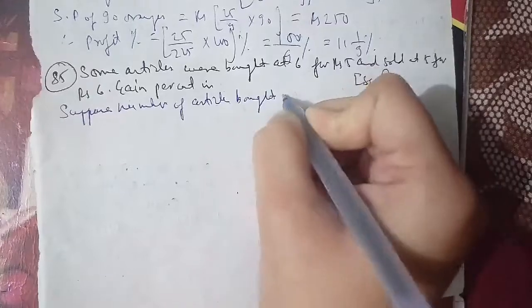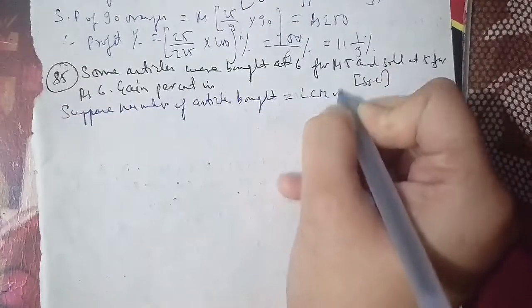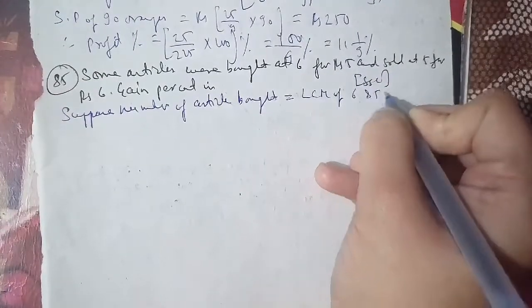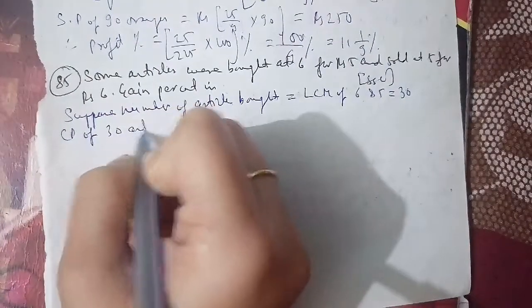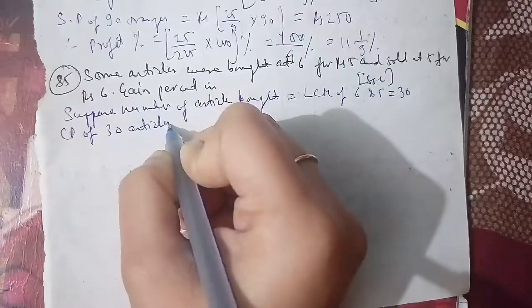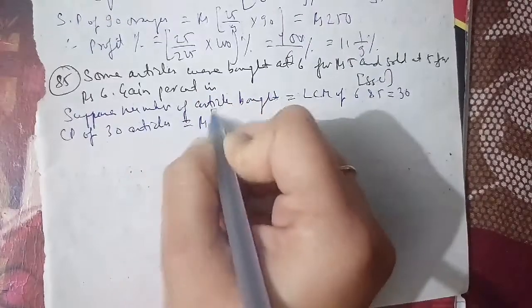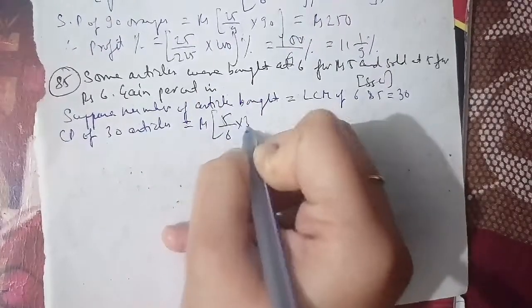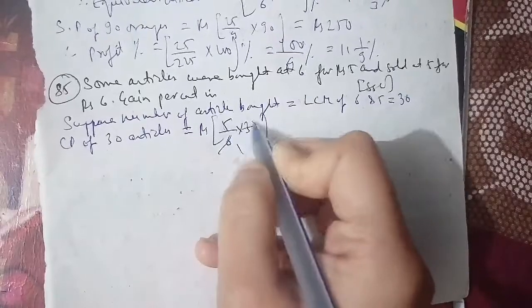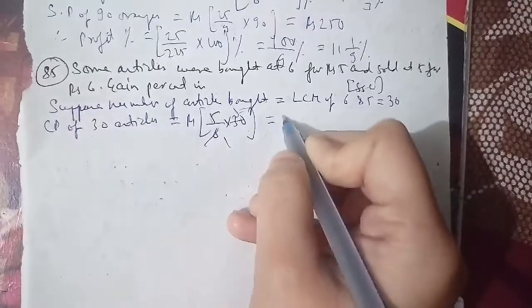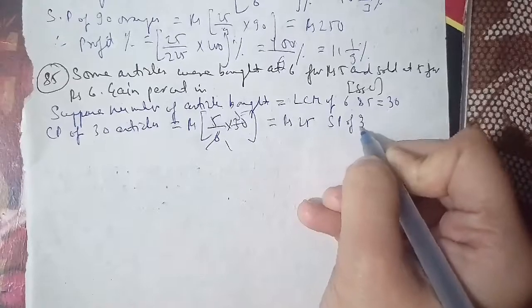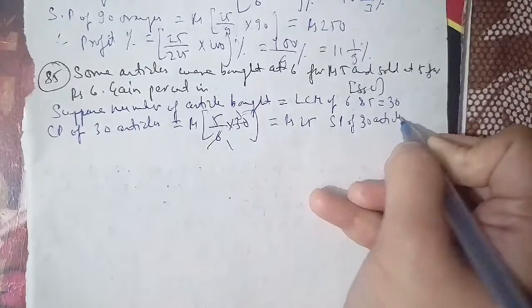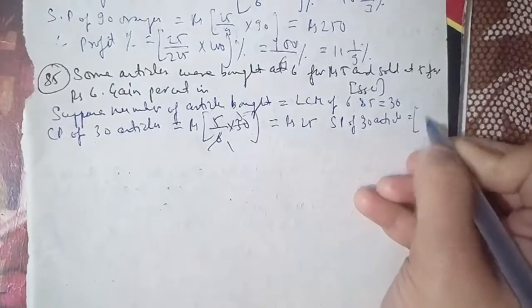Cost price of 30 articles equals to ₹5 into 30 upon 6. 6 5s are 30, 5 5s are 25. And SP of 30 articles equals to 6 upon 5 into 30. 5 1s are 5, 5 6s are 30, which is equals to 6 6s are ₹36.